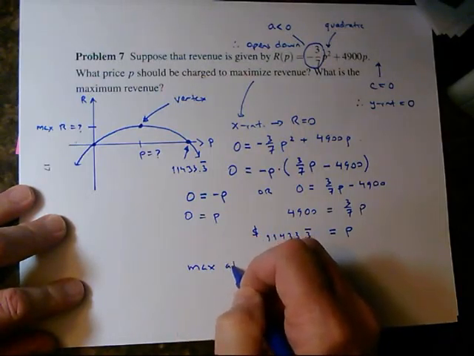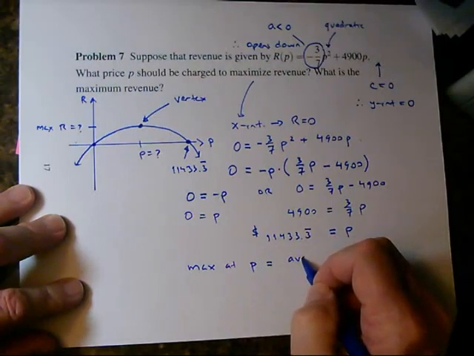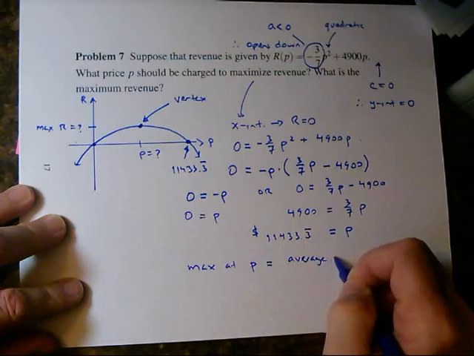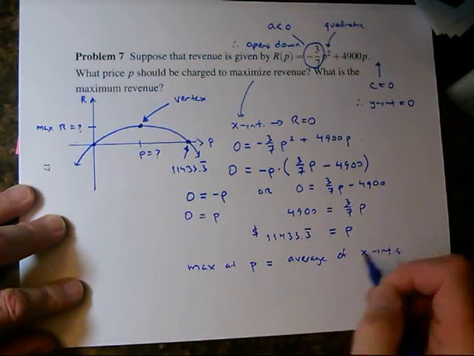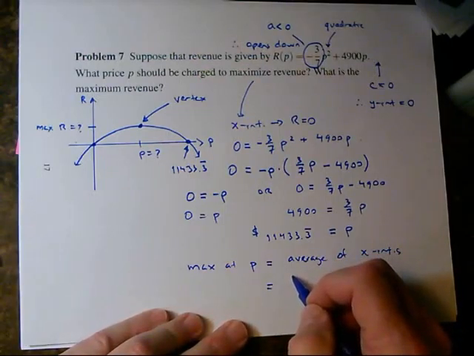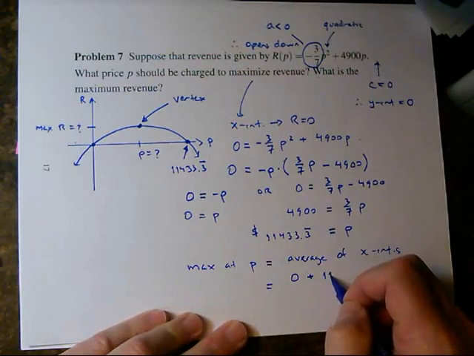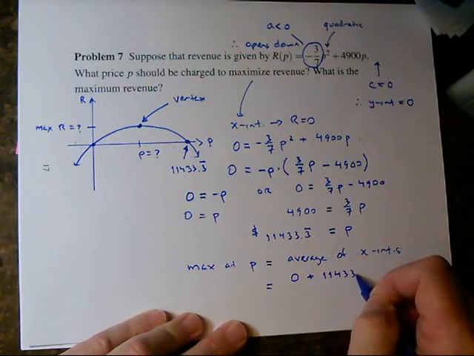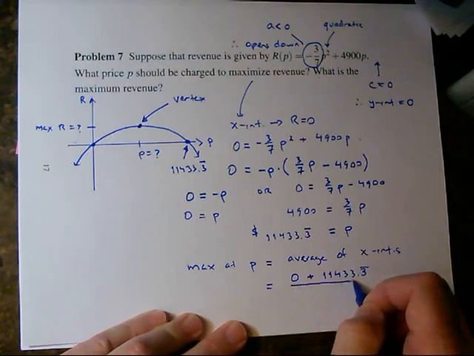So the max is at a P which equals the average of the x-intercepts. Well, the way you do the average of two numbers is you add them together and divide by 2. So 0 plus 11433.3 repeating, divided by 2.